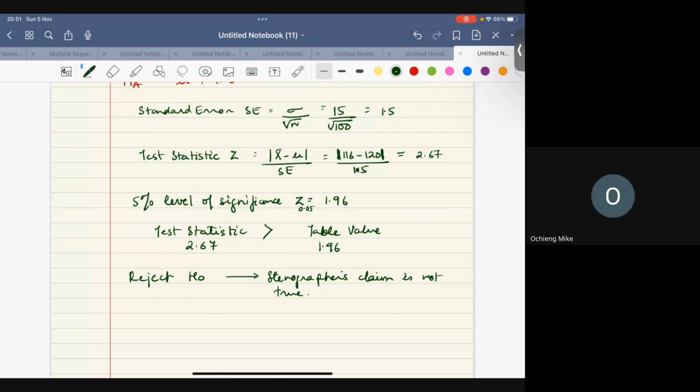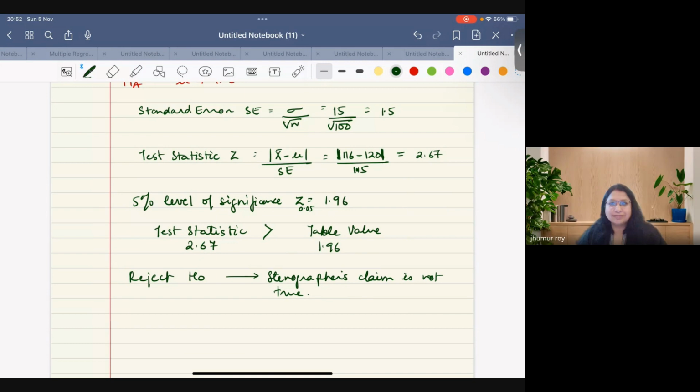Because that is what you are trying to see, like I told you in the beginning, hypothesis testing basically tells us that only to a certain level can we be correct; we can never be 100% correct.